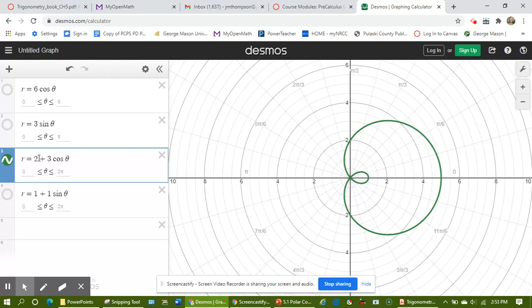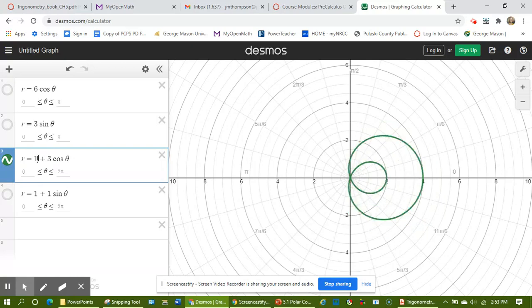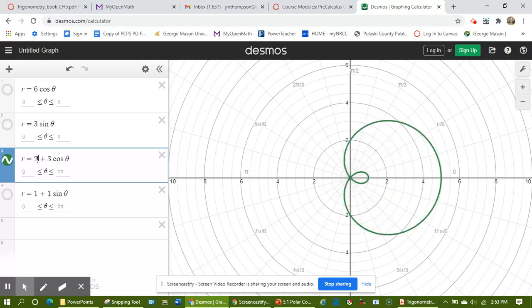Okay, so you can write that down. If your a over your b is less than 1, then you get this inner loop here on your limacon. As long as it's less than 1, see now my inner loop got bigger when I made the ratio smaller. So a over b less than 1, you get a limacon with an inner loop.